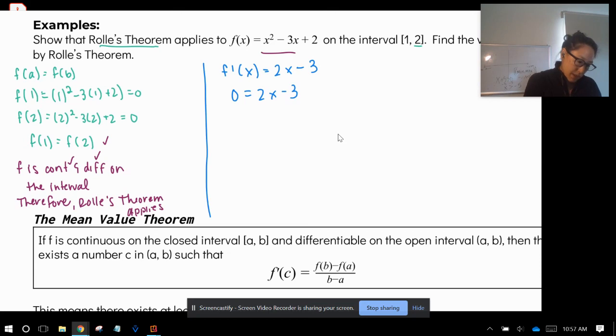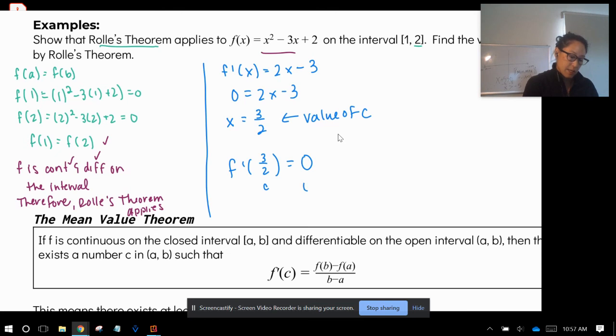All right, so I get x is equal to 3 over 2, which in Rolle's theorem is my value of c. So I get f prime of 3 halves is equal to 0. That's my c, and that's my 0. And that's it. That's the value c that's guaranteed.